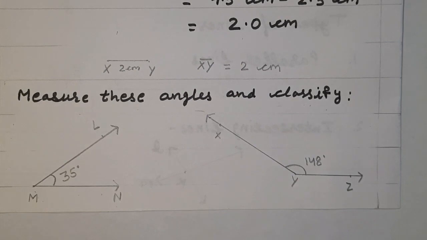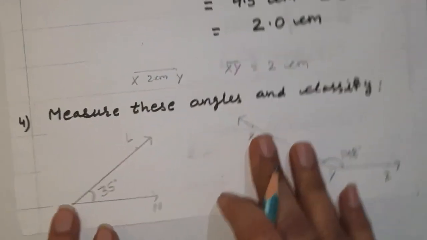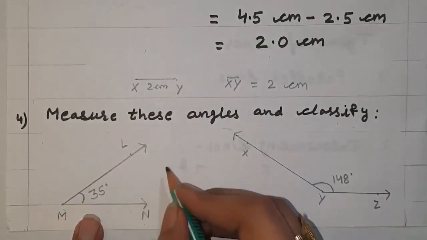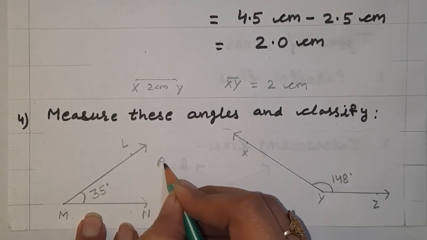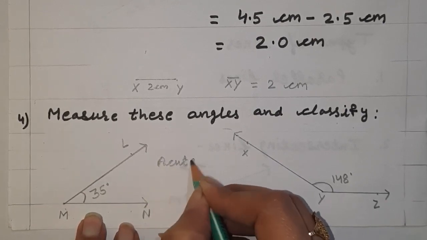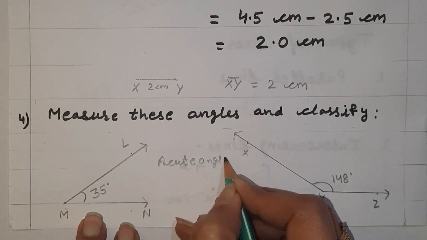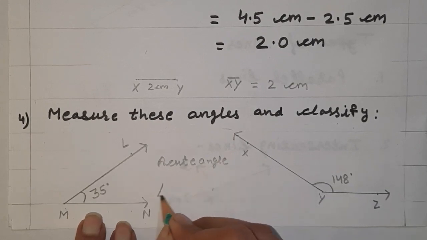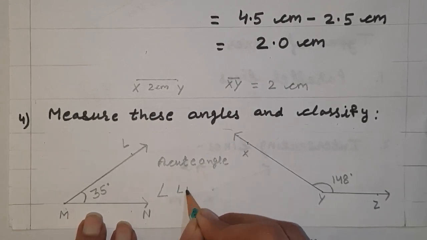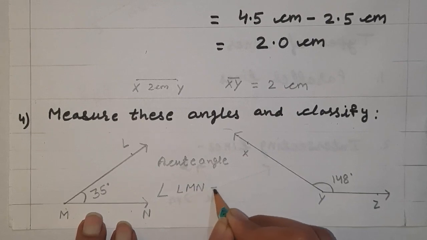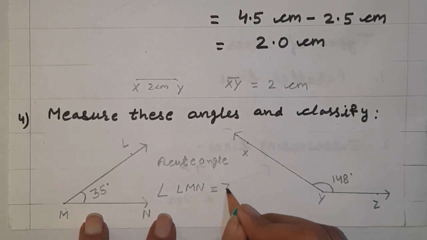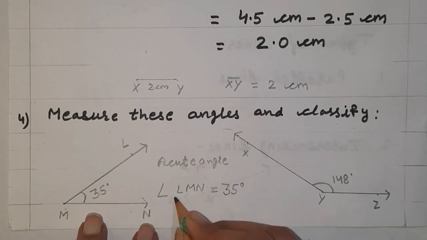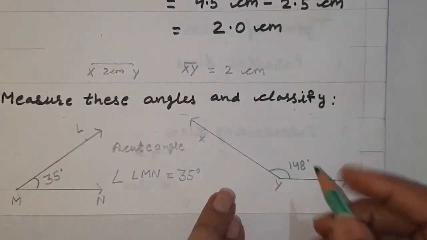So measurement is done. Classify. How we will classify? 35 degree, an acute angle, and name is angle LMN is equal to 35 degree. It is name and it is measurement.